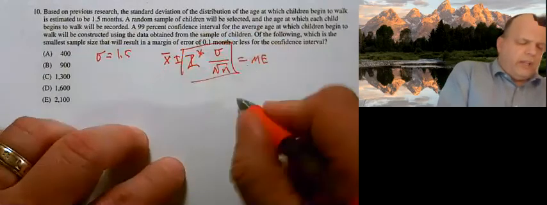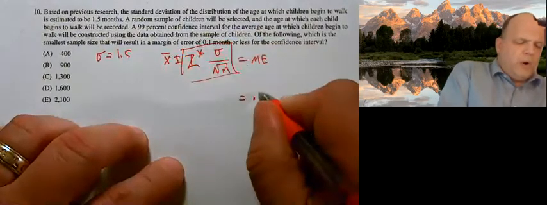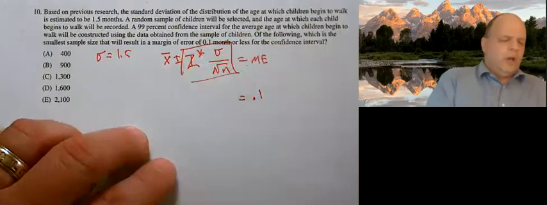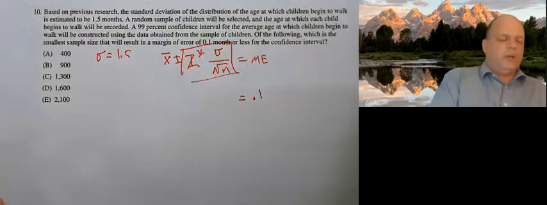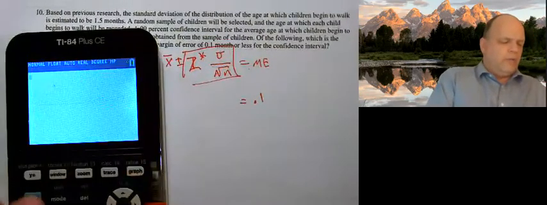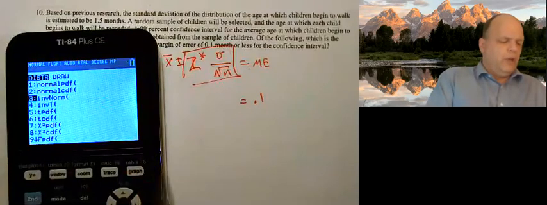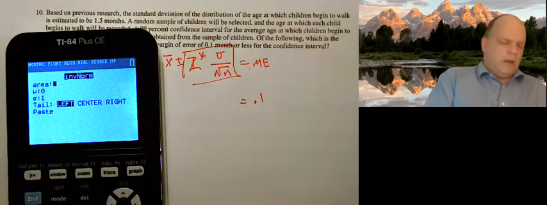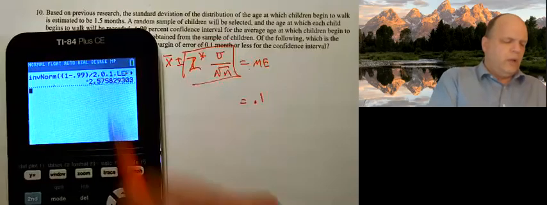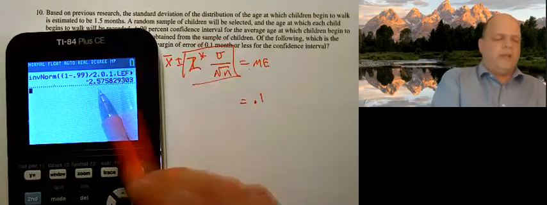All right, so they're saying that they want this to be no more than 0.1 months. We can calculate Z star by doing a second VARS inverse norm. So second VARS inverse norm, parenthesis 1 minus 0.99, close parenthesis, divided by 2, mean is 0, standard deviation of 1. And we end up getting 2.576.